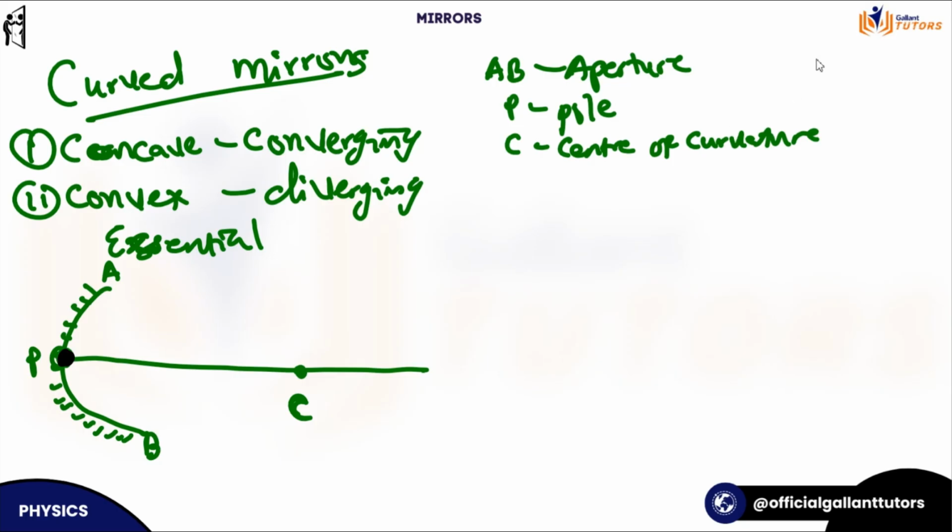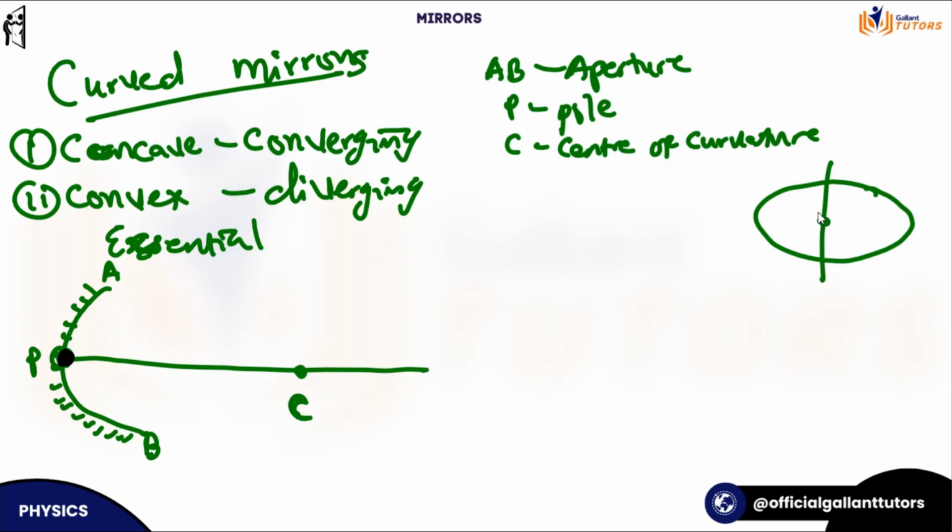Meaning that there was once a time that it was a normal sphere, and then we kind of divided it. That particular point from which it was divided is called the center of curvature. We can also say it is the center of the sphere of which the mirror forms a part.